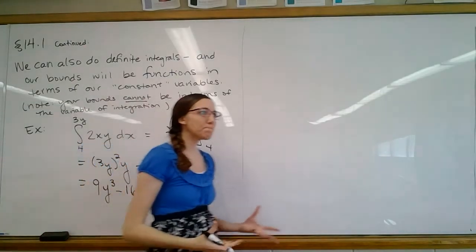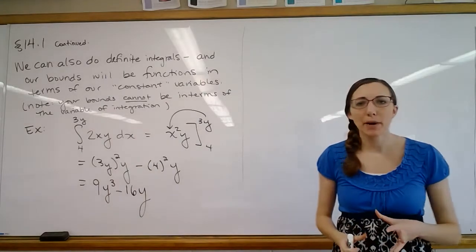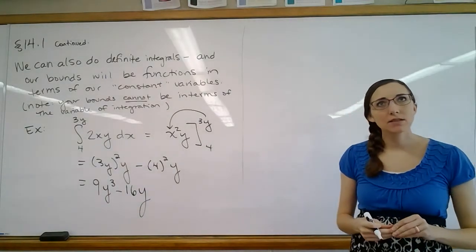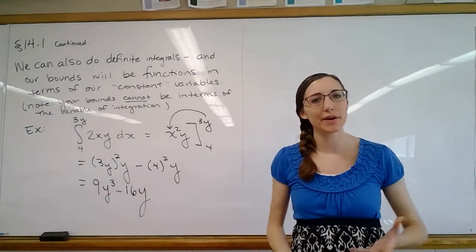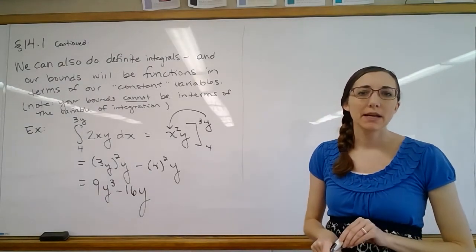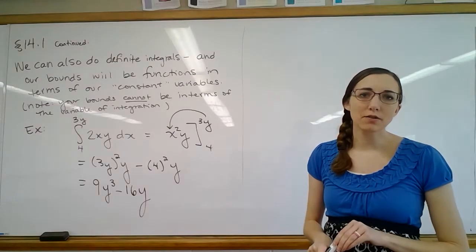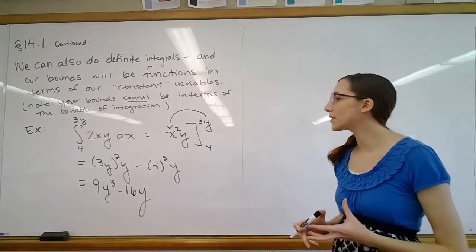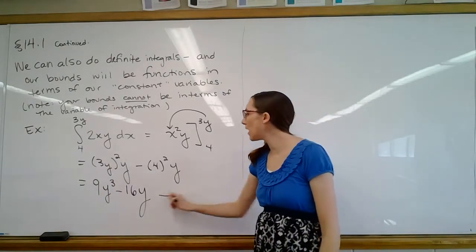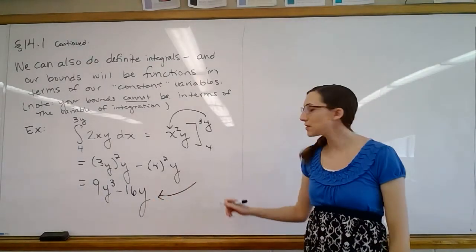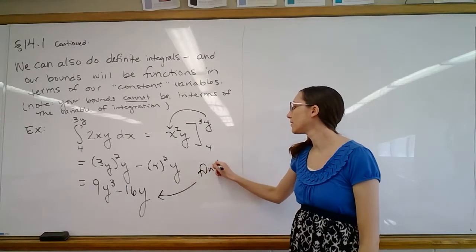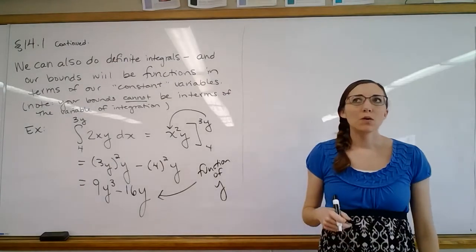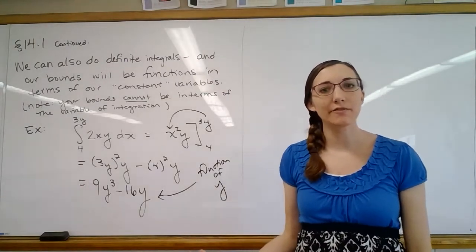So you'll notice that it's a little different than what we had in the past, because when we did definite integrals in the past, we always got a scalar, right? We thought about a definite integral as representing an area under a curve. Well, if we think about it, that analogy still holds here, because notice what we got, while it is a function, it's only a function of y, which was my constant variable in this case.